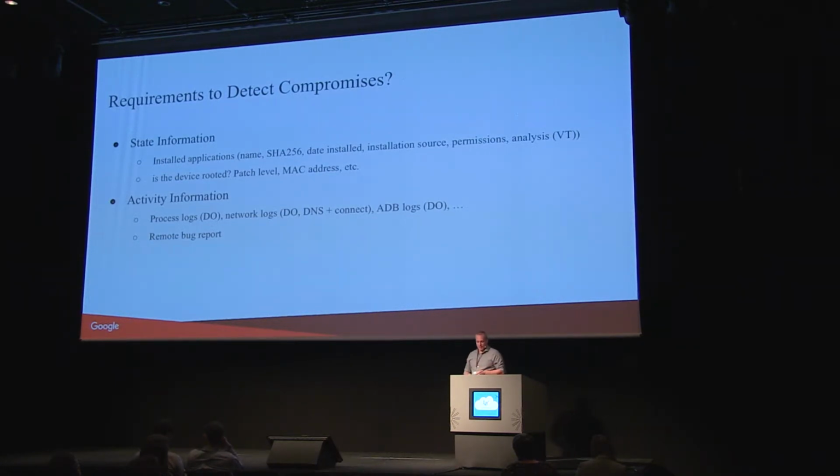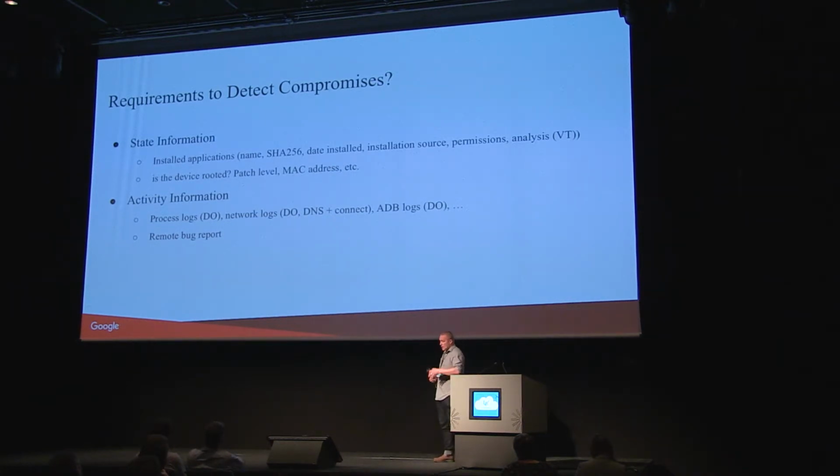And the key here is really visibility. The only way you can detect compromise is if you actually know what's happening on the device. You know what the device is doing, you know what's happening on it, and that applies everywhere. So visibility is really the key. And visibility is really what has been lacking so far on mobile platforms, mainly, of course, due to battery reasons and privacy reasons too.